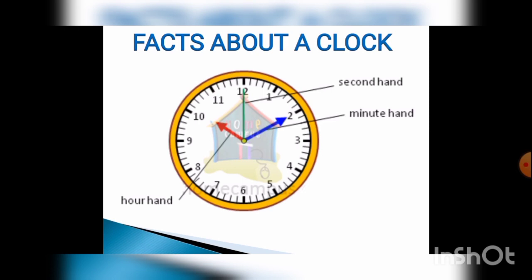Now, facts about a clock. Look at the clock carefully. Division on the dial of the clock. The face or dial of the clock is divided into 12 equal big divisions labeled as 1, 2, 3, 4, 5, 6, 7, 8, 9, 10, 11 and 12.